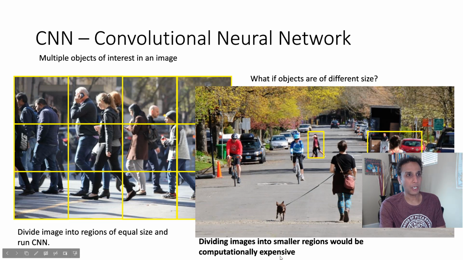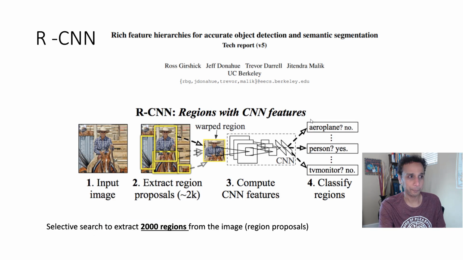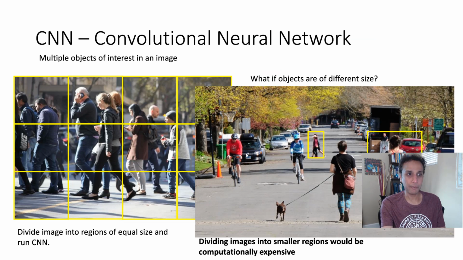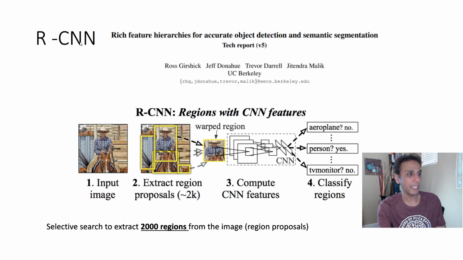So this is why this is not a wise way of performing object detection using a pure convolutional neural network approach. This is exactly where RCNN comes into the picture. RCNN does something very similar to what I just mentioned. It divides the image into a number of boxes instead of grids, and how many? It puts a limit of about 2000 regions.